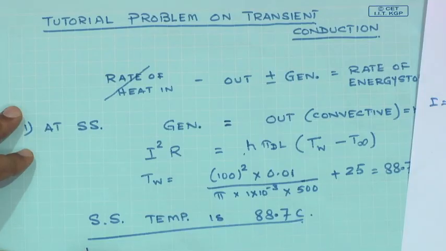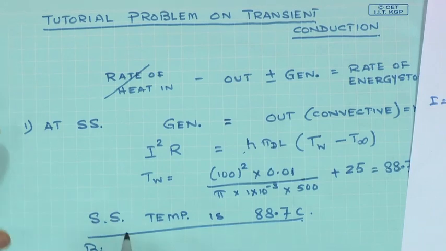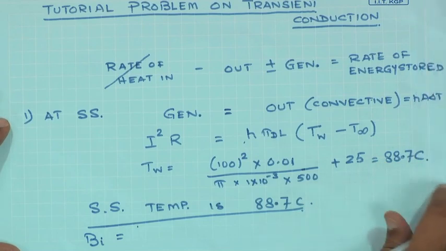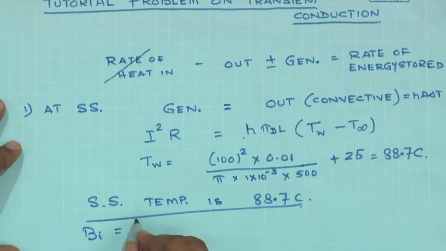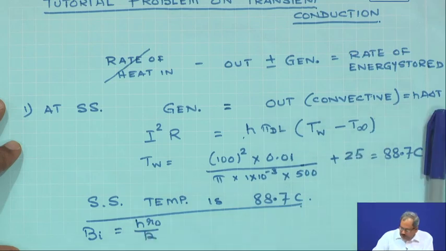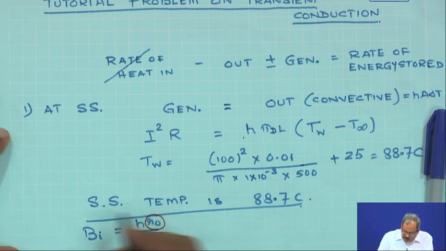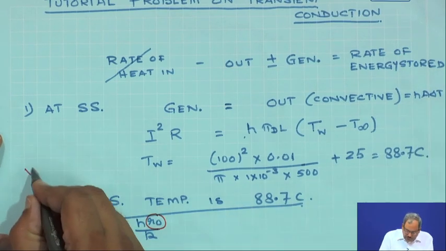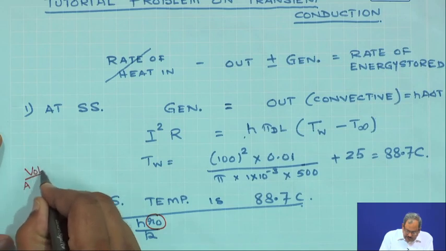So, this value of the Biot number I can calculate right now, which would be h times R_0 by k, and see, I have used R_0. Ideally, this length scale is simply volume by area.